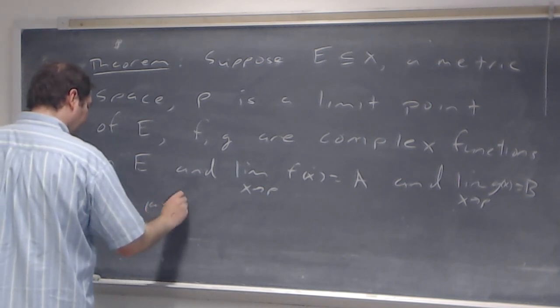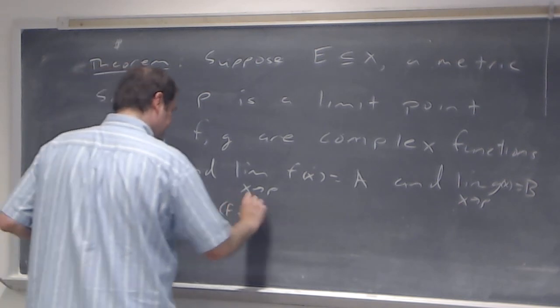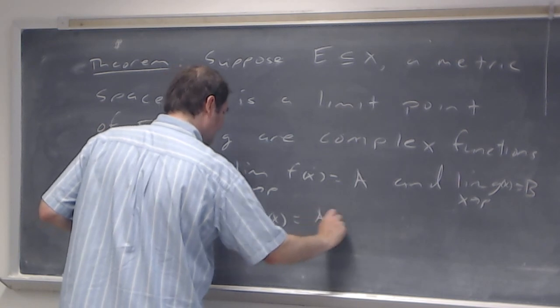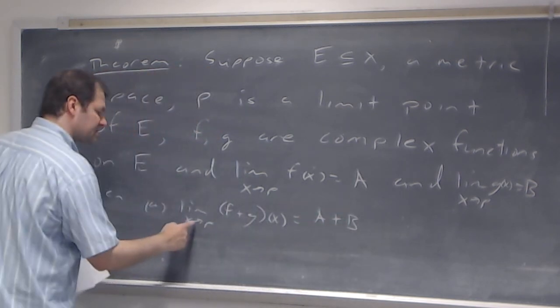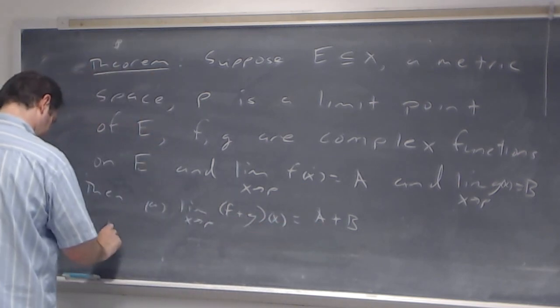Part A is the limit as x goes to P of f plus g acting on x is equal to A plus B. So in this case, the limit of the sum of functions is the sum of the limits.